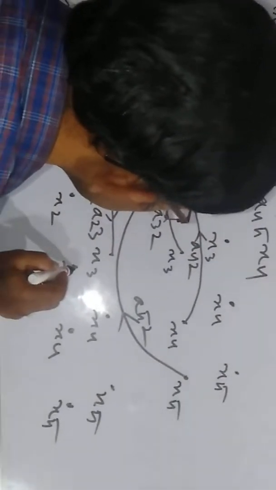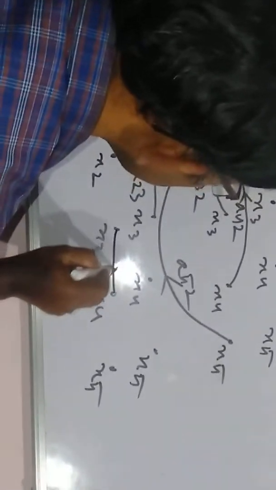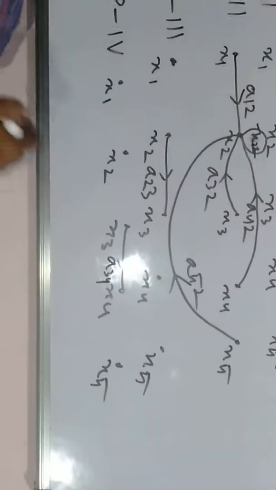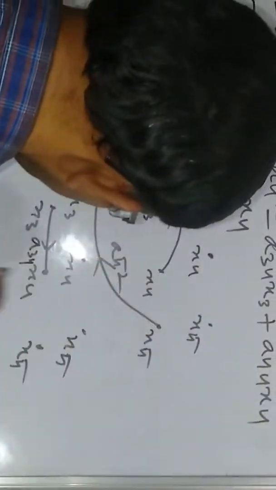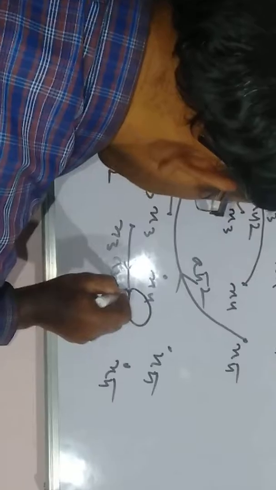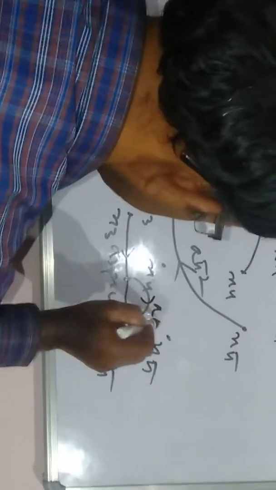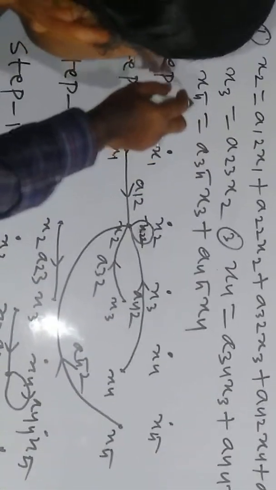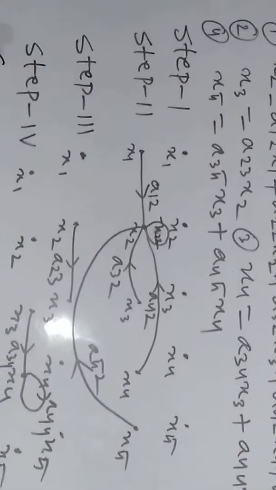So this is a34 x3. Then a44 means this is also a self loop. This is a44 x4.